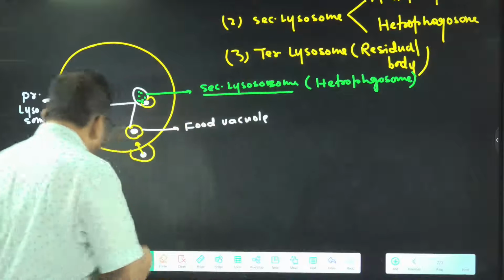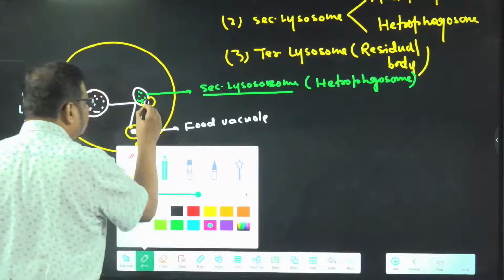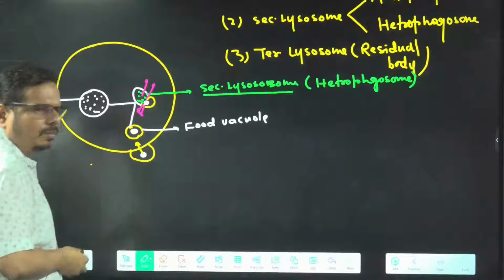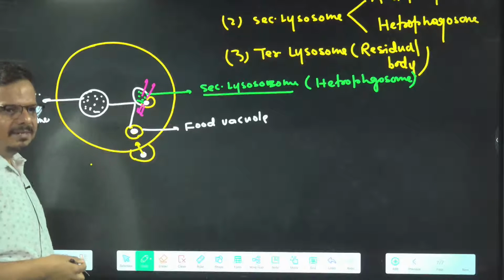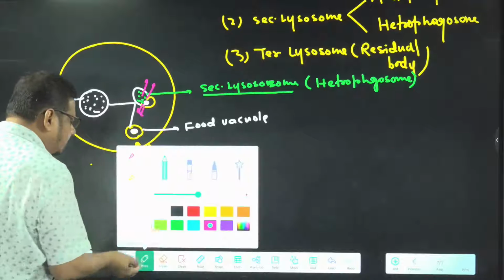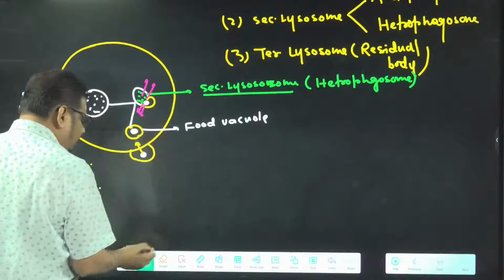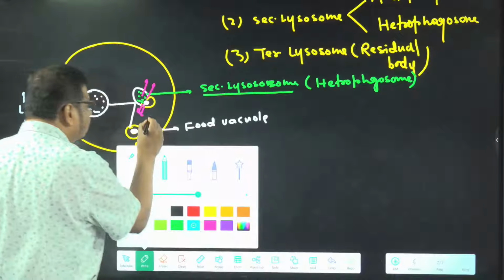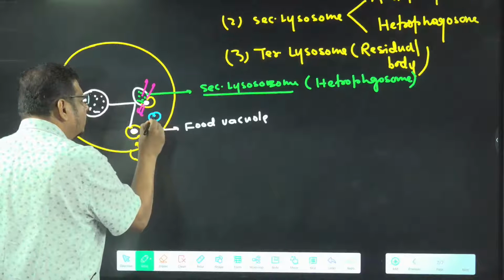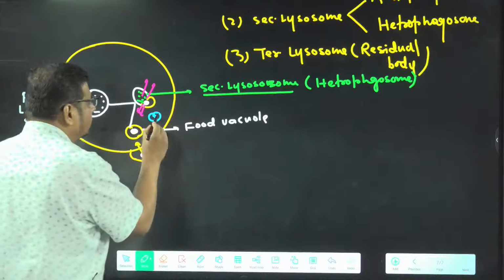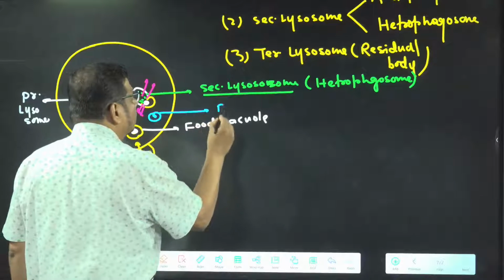After digestion, nutrients get absorbed and go into the cytoplasm. Digestion, then absorption occurs, yes. After this, what happened? The undigested material is packed in a vacuole, a membranous structure, and this is called a residual body.